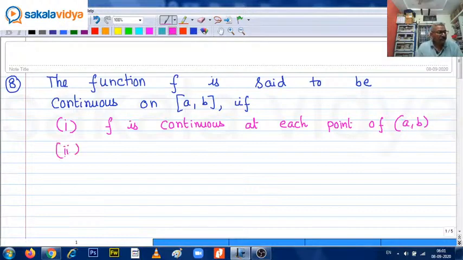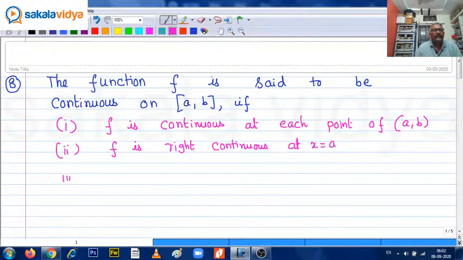Second point, what is the second point? f should be right continuous at a. f is right continuous at x equals a.